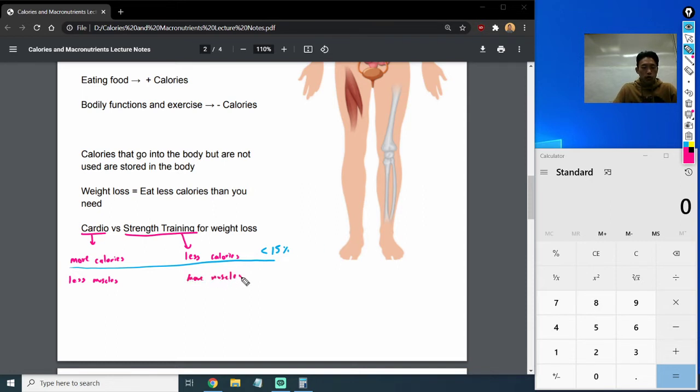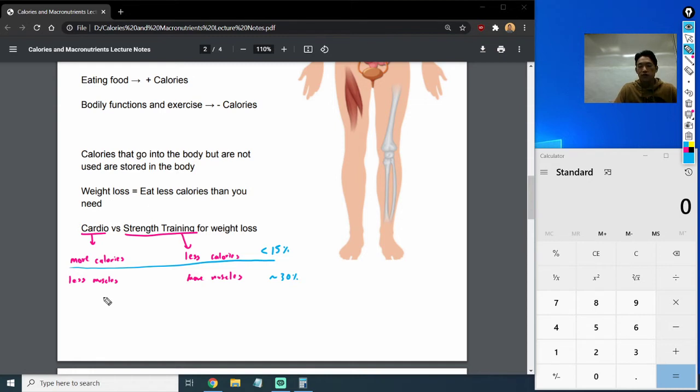So if you have more muscles, what does that mean? It means you're constantly burning calories throughout the day in order to keep those muscles alive. And we said earlier that about 30% of the energy that we take in is used to maintain bodily function. So if you have more muscle mass, your body is going to be using more calories throughout the day in order to keep those muscles alive.